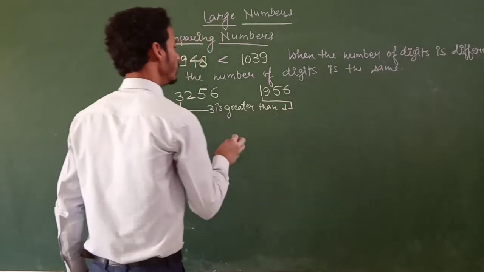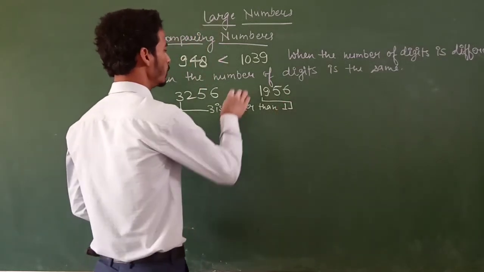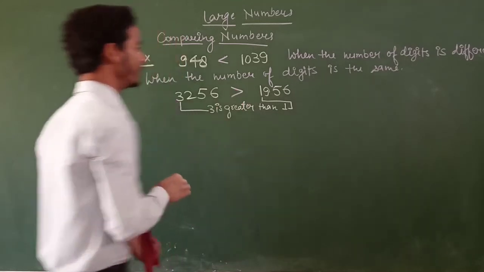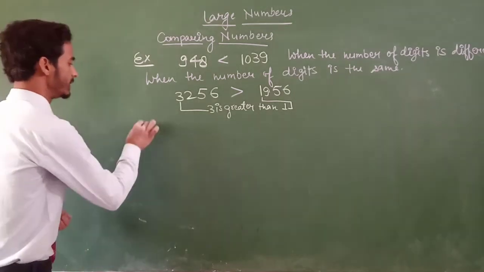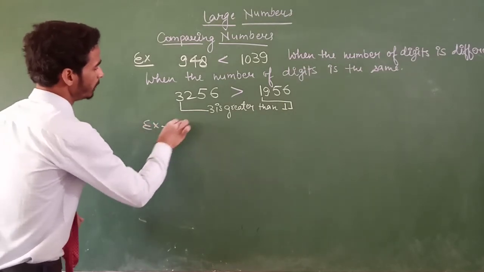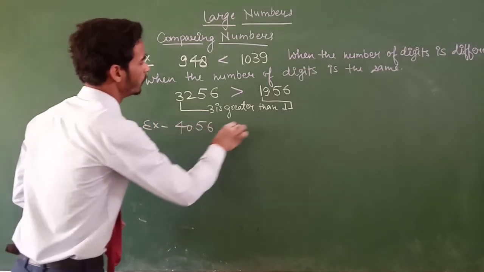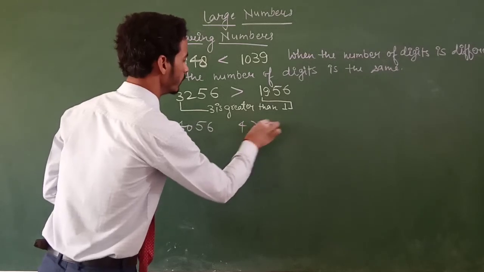Okay, so 3256 will be greater than 1956. And in the second step, if the digits in the thousand places are the same, for example 4056 and 4332.